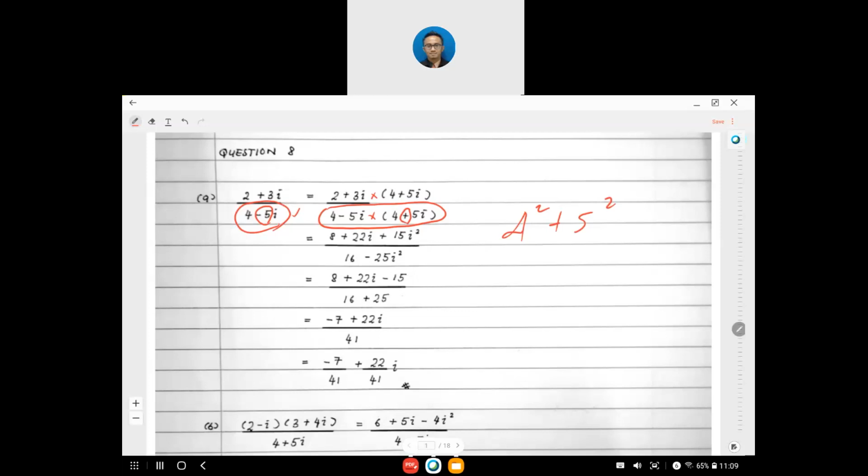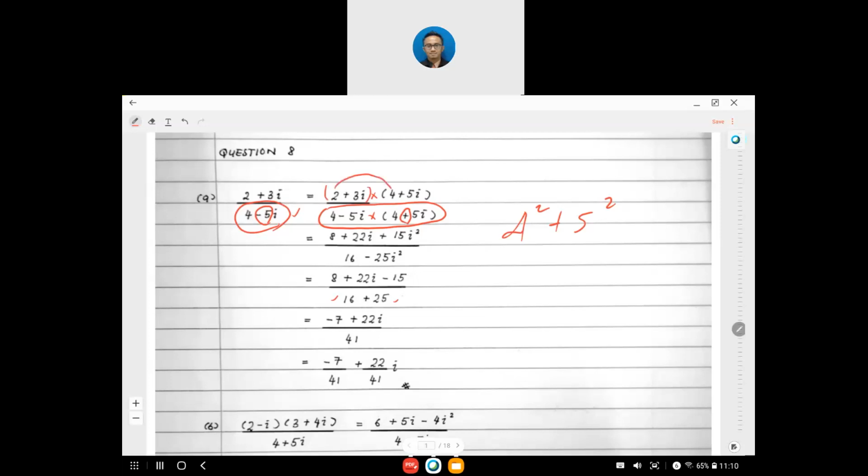It only becomes 4 square plus 5 square. So 4 square is 16 and 5 square is 25. And then you must expand the numerator.